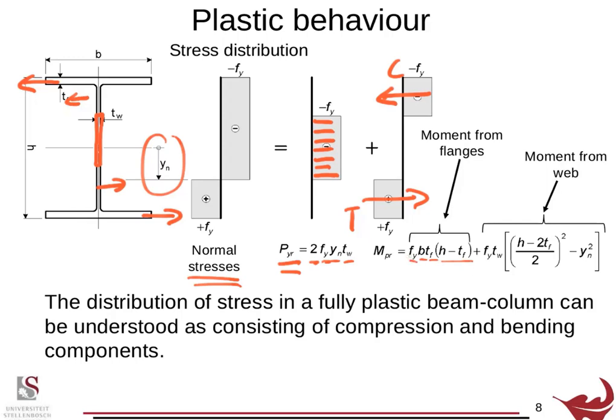So stress times area gives you force times distance. So this is a lever arm, and then this is a lever arm as well. You can go through the derivation of that yourself, but it's simply force times distance, and then adding up all the different components: compression force, tension force, etc. So then we will end up with all the different forces and sum it up.